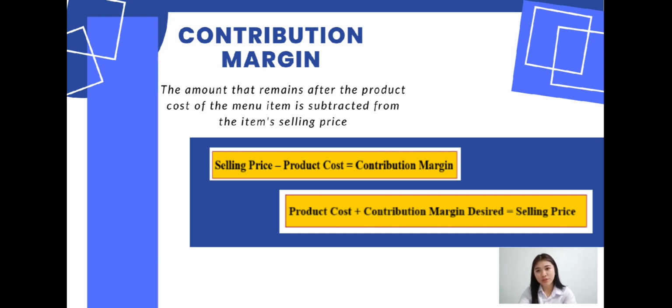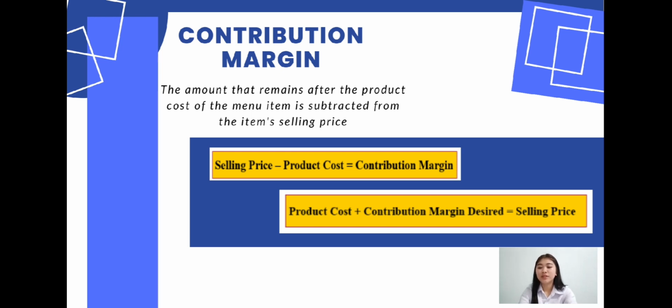So, paano ba computin yung contribution margin? Here's the formula. Selling price minus product cost is equal to contribution margin. So, for example, yung product mo is bag. Yung product cost ng bag is 150 and yung selling price na pwede is around 200 or higher pa.